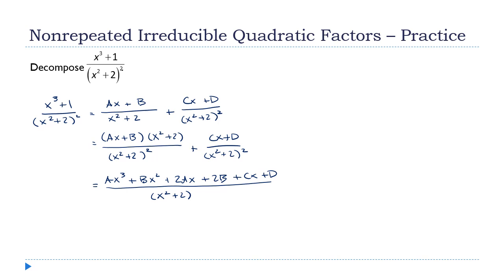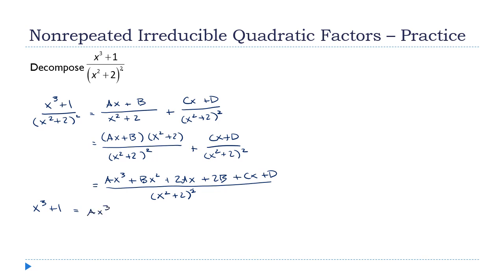I multiply both sides by x squared plus 2 squared. And you get the numerator of the left side, that's x cubed plus 1, equals the numerator of the right side. And I'm going to do a little factoring if I can here.